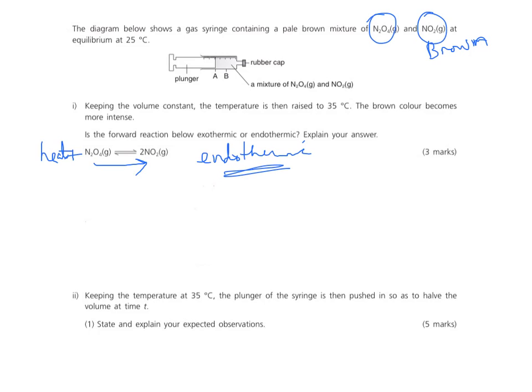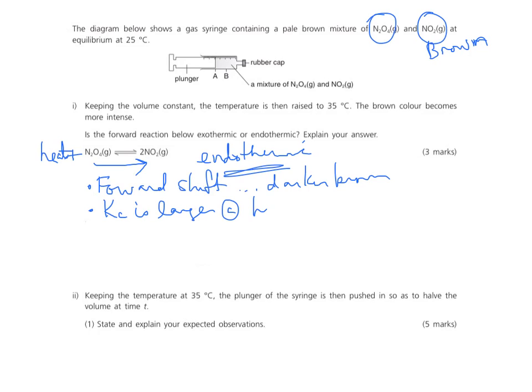Now, how would you explain that in an acceptable way on an AP exam for free response? Well, what I would have said here, first of all, is note that there was a forward shift in equilibrium because of the darker brown color. I would have indicated therefore that Kc is larger at the higher temperature.